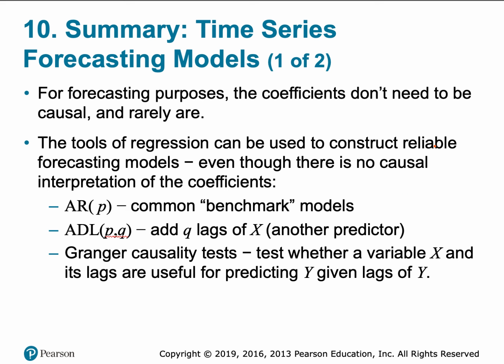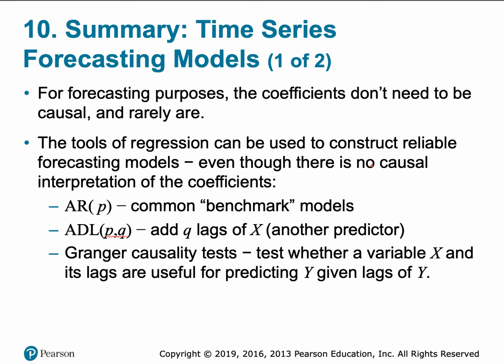The autoregressive AR(p) models are common benchmark models. The autoregressive distributed lag ADL(p,q) adds q lags of a variable X, which is another predictor. As in the example of predicting the GDP growth rate, we add lags of the term spread.